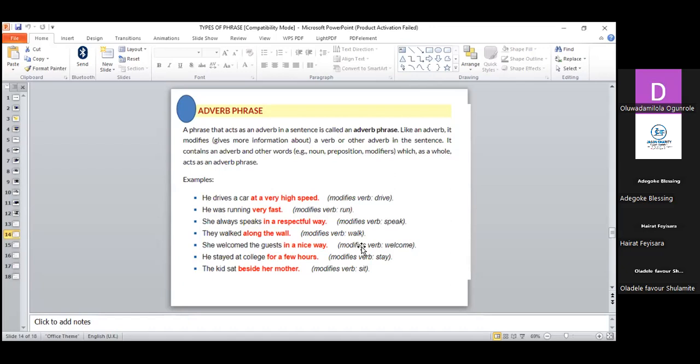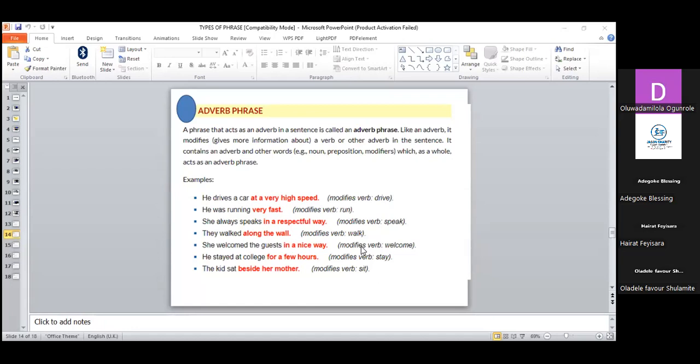So if you want to give a perfect description of that adverb, it will be an adverb of manner. Because you can ask the question, how does he drive a car? Then you can say he drives a car at a very high speed. So that is an adverb of manner, telling you how the action was done.